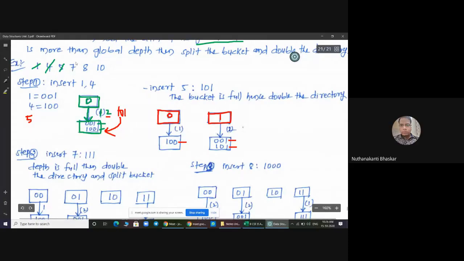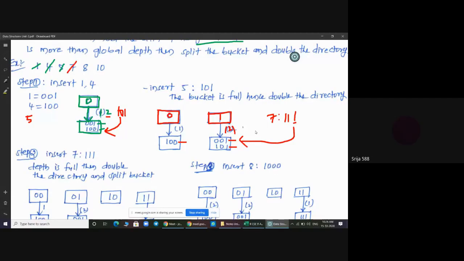The next element is 7. What is the binary value of 7? 111. The last digit is 1, so where should we insert it? Bucket 1. What is the problem when inserting into bucket 1?